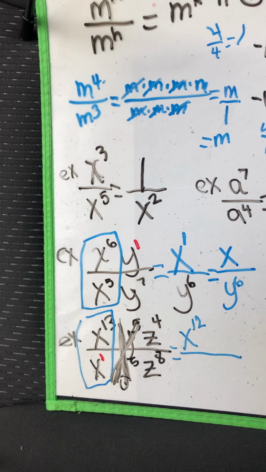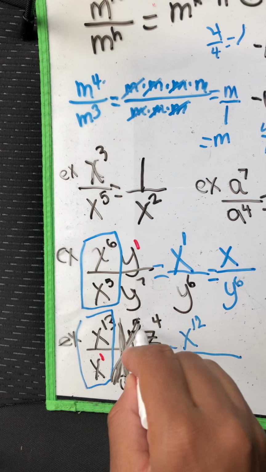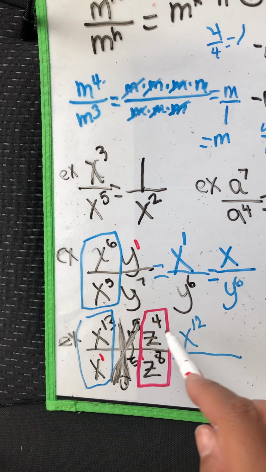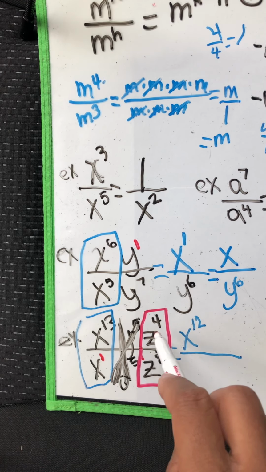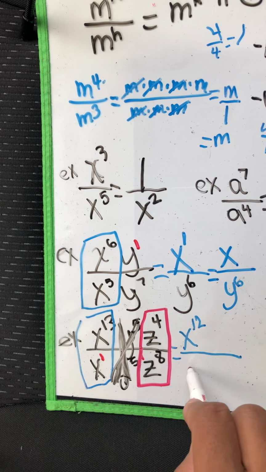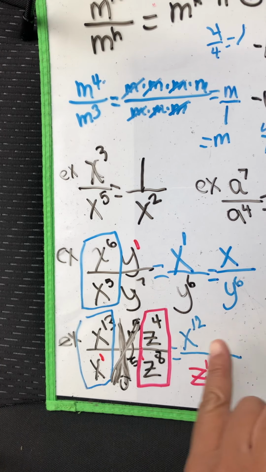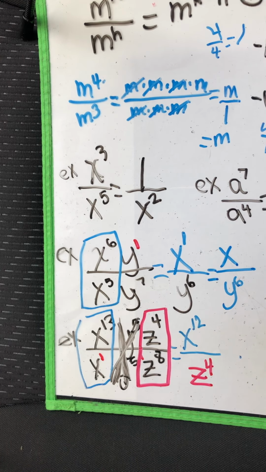So we're going to just cross them out. No y's. Let's look at the z's. I have 4 on top, 8 on the bottom. So that means if I subtract, I have 4 extra, and I have to put them on the bottom of my fraction. The only thing I would do is just check to see if you have any extra 1s hanging out, and we don't here, so we are good to go.